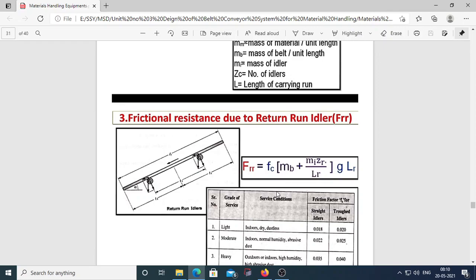All of you getting it? mi is the mass of each idler, and zr is again the number of return run idlers. Same thing as here, where we saw the number of idlers for the carrying run; here we take the number of idlers for the return run idler, right?